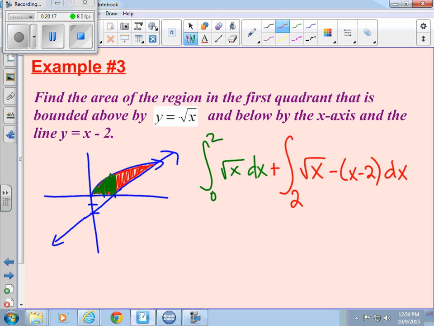What do I need on the top? What goes up here? This thing, right? So I need that intersection. So I'm going to do the square root of x equals x minus 2. I do have to square both sides.